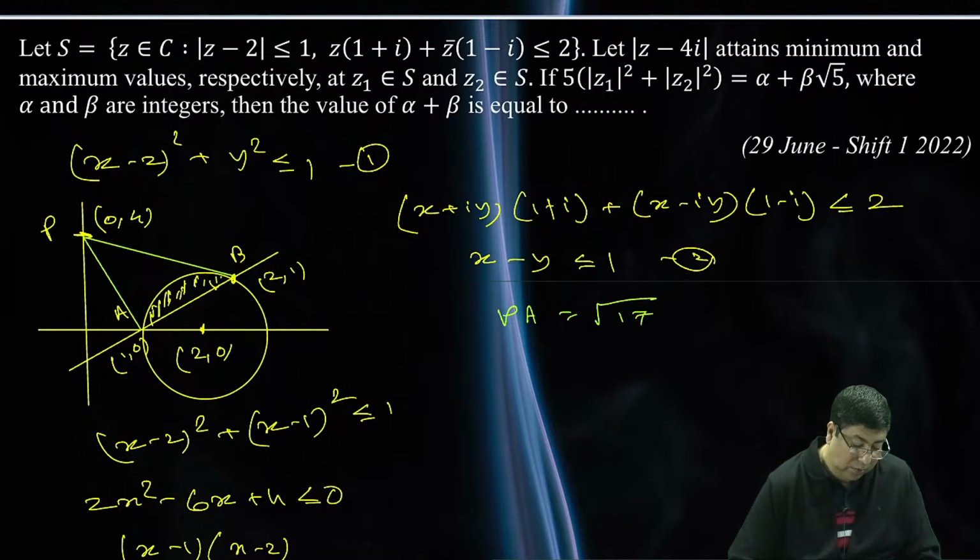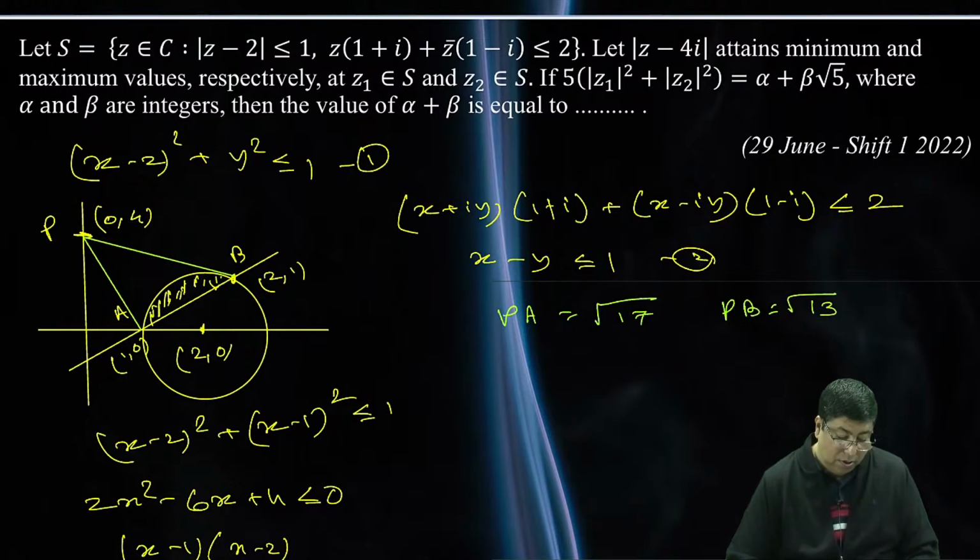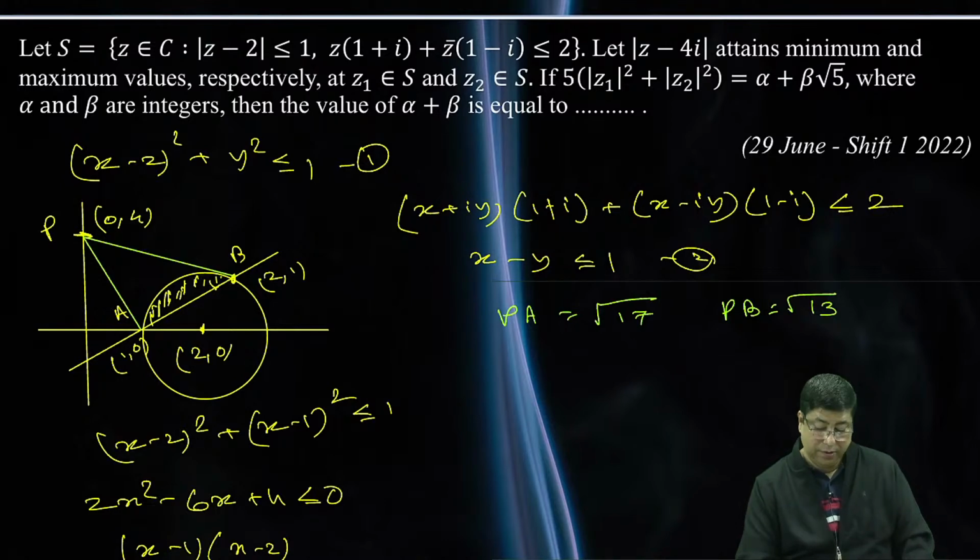And the PB distance is root 13. So the maximum is PA and the minimum is PB. So PA is the maximum value.